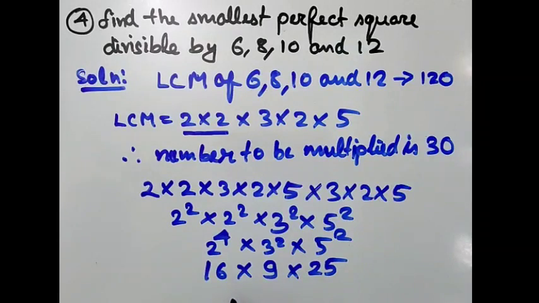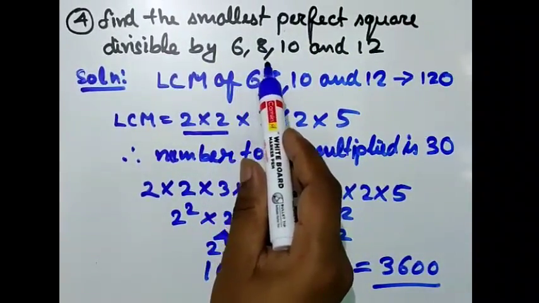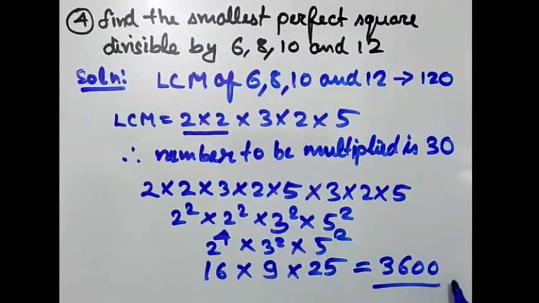So on multiplying, 16 nines are 144, and then 144 multiplied by 25 will get 3600. So the smallest perfect square divisible by 6, 8, 10 and 12 is 3600. Clear?